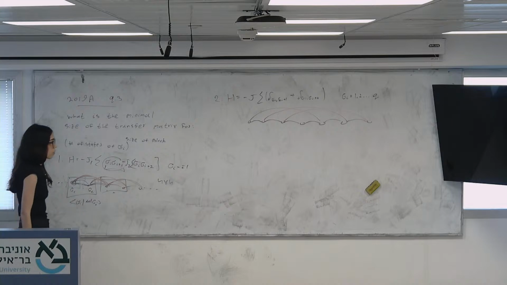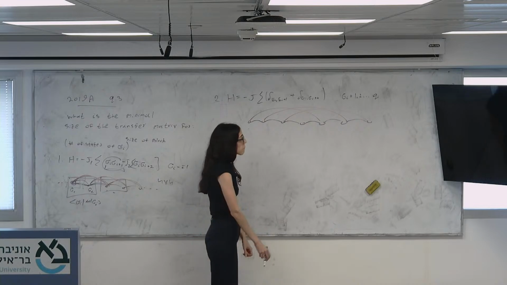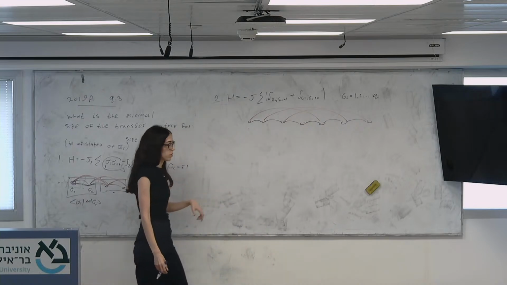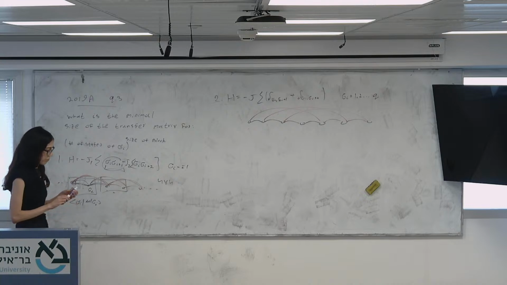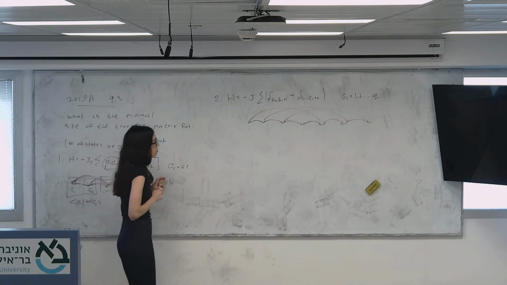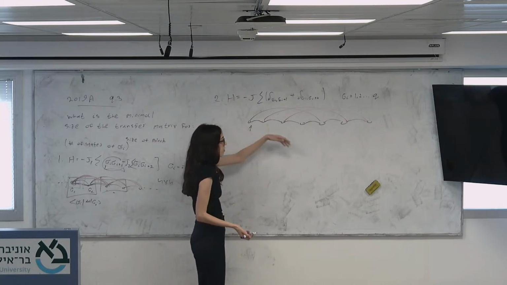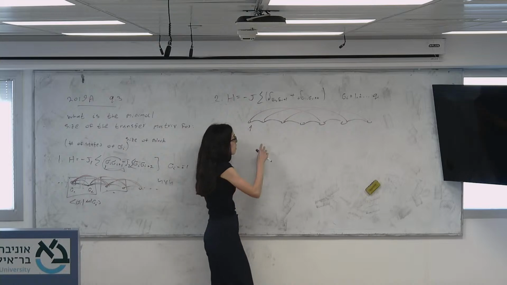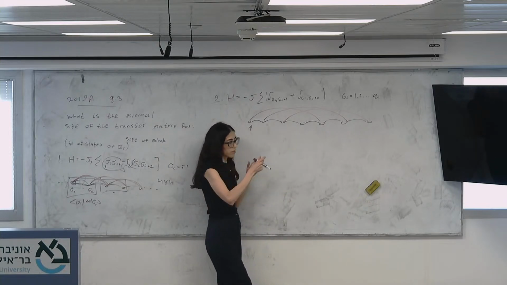Okay, so what's going to be the minimal size of the block now? This is very similar to what we did here. Okay, so if I take 1, it's obviously not good, right? I have a further interaction.